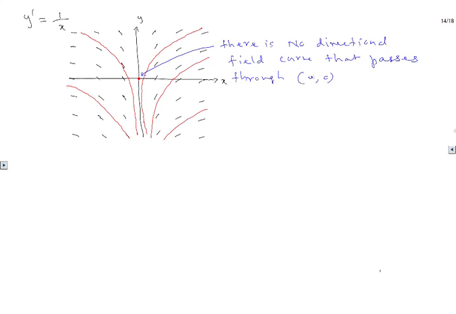None of them passes through that point, so there is no way you can find a solution that goes through that point. That's the issue here. Now the question is how you can actually determine this.